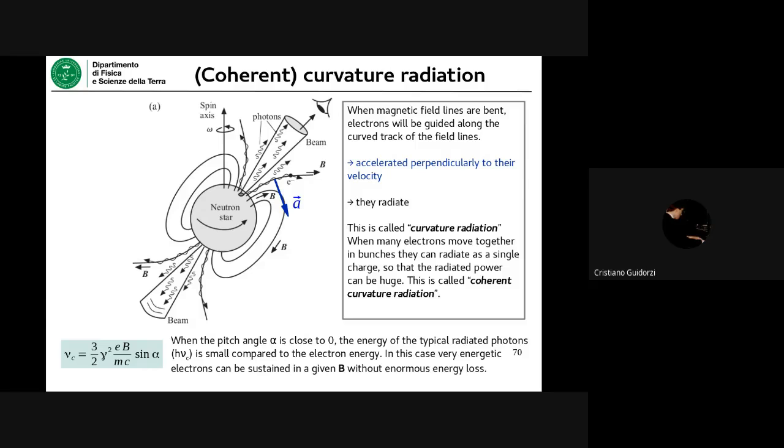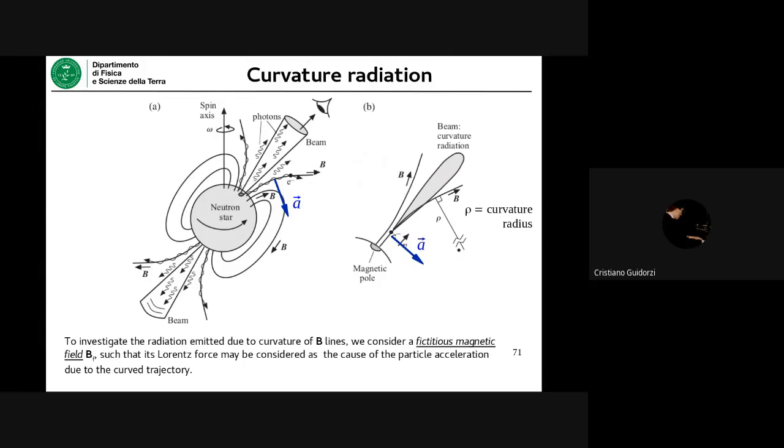So let's now exploit all that we've learned about synchrotron emission to study also the properties of curvature radiation. How? I just said that the two things are different, because in one case, the magnetic field itself is responsible for the acceleration, while in the other case, it's just the curvature of the magnetic field line structure.